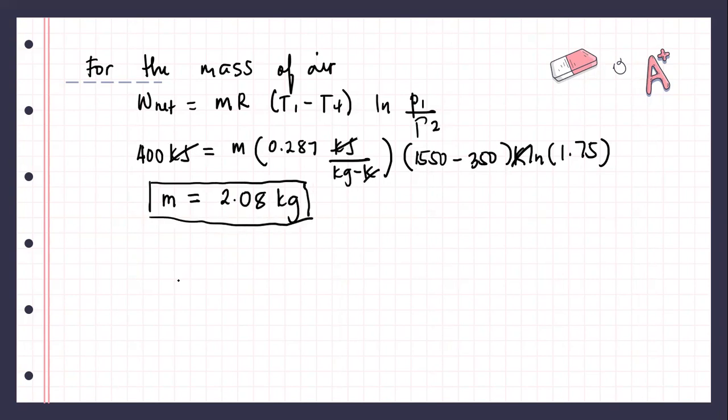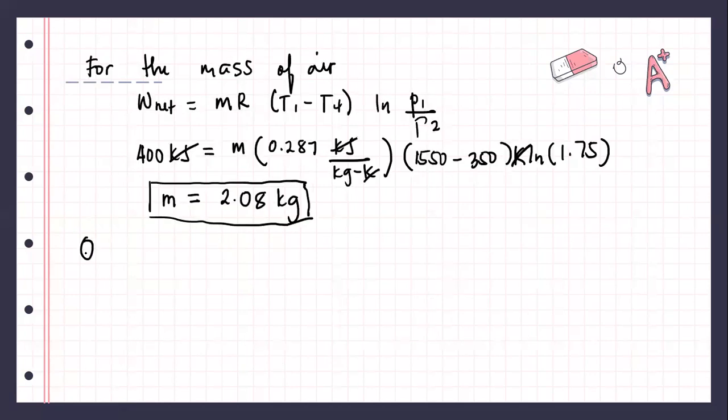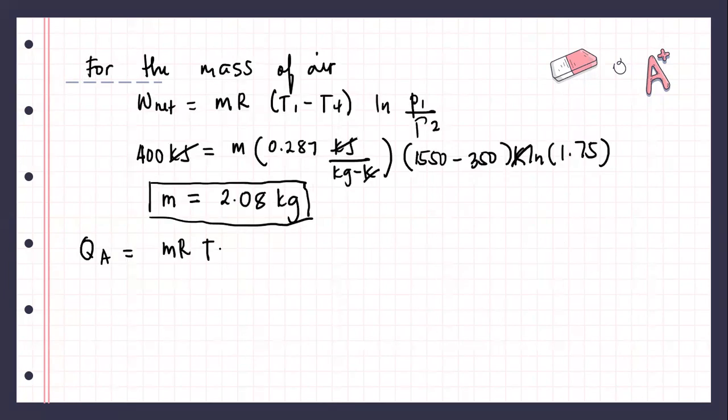We have now the value of the mass. Going back to your heat added, heat added is equal to MRT1 ln 1.75. Substitute the values. We have M, which is 2.08 kilogram.